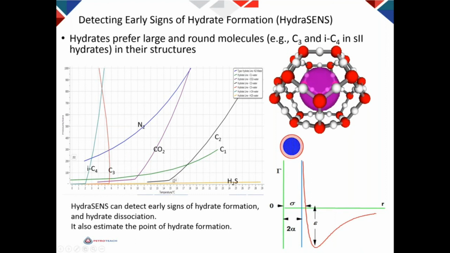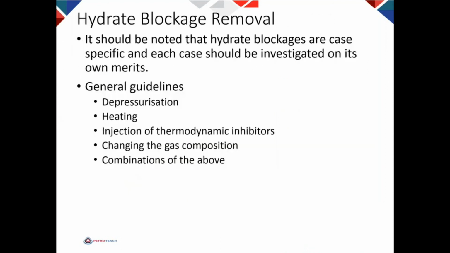By that, we can basically get early warning that hydrate is forming in the pipeline. And then if you have a blockage, by analyzing the gas, we can say whether the blockage is being removed or not. Also, we can predict the position or the point of hydrate formation.